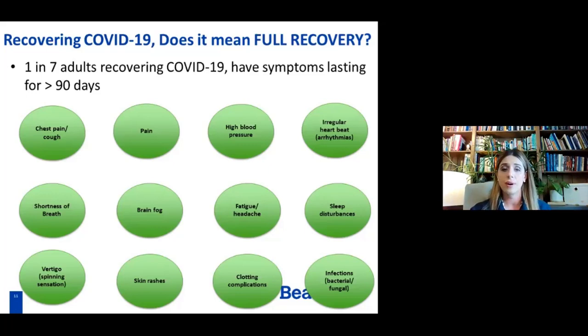And those range from joint pain to high blood pressure issues. Irregular heartbeats, like arrhythmias, have been a very common thing that we're seeing even in young people that have no cardiovascular disease.